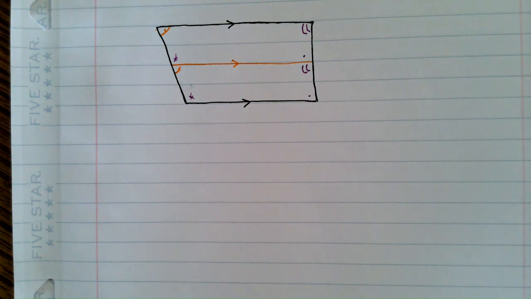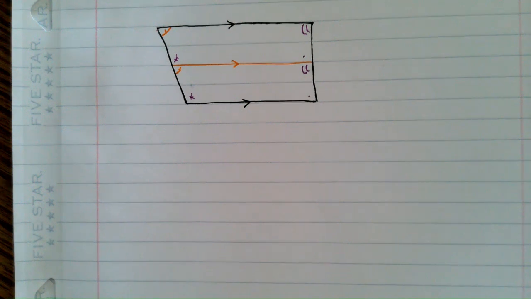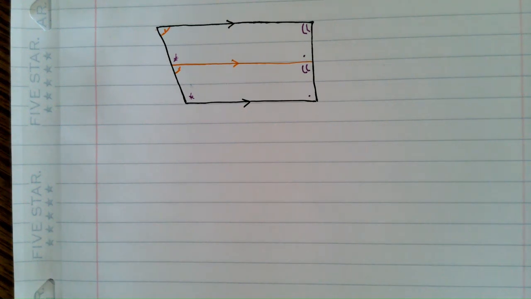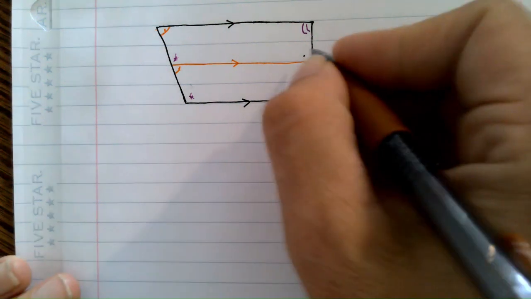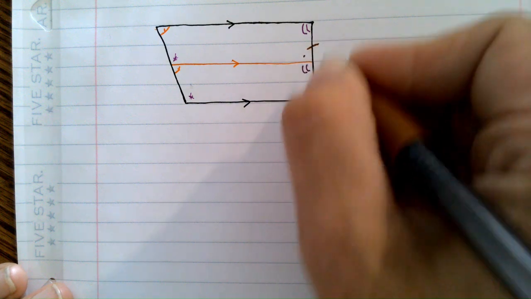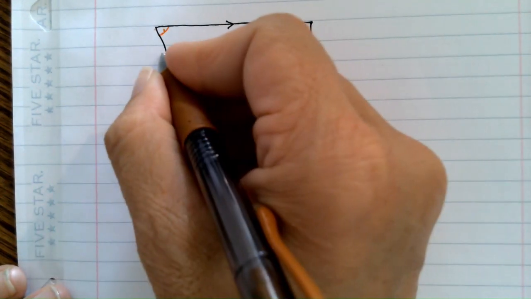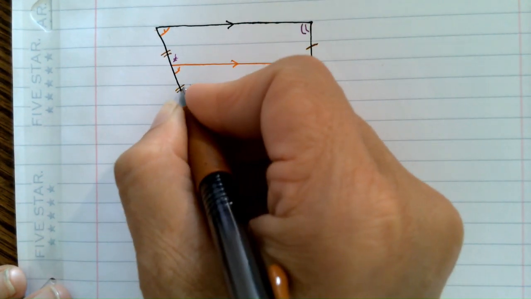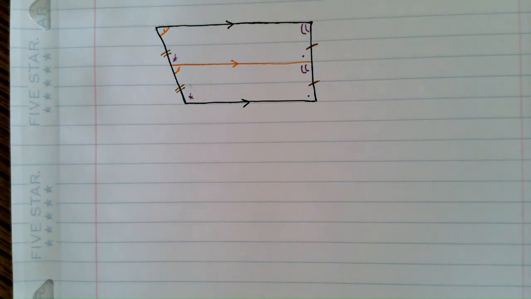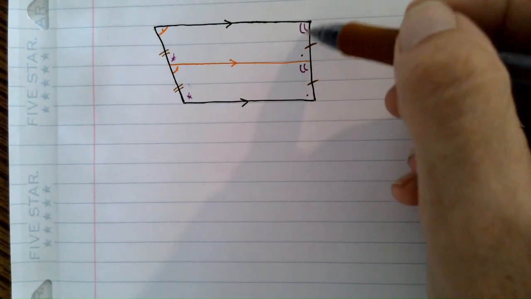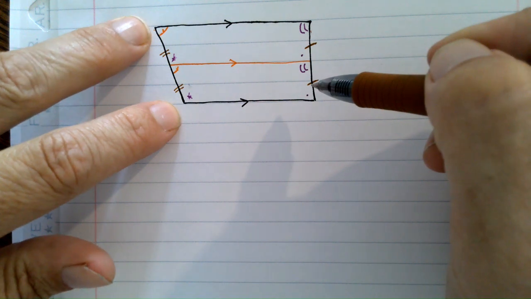The bigger thing with this trapezoid is I didn't just go ahead and draw a third line. I drew a third line that happened to bisect the sides. It's parallel, so it has to cut them equal. Now, keep in mind that this side is not necessarily the same as this side.